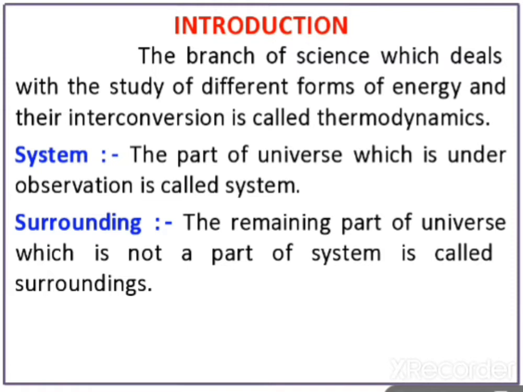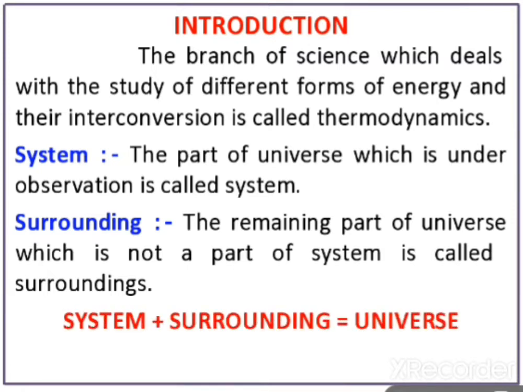In that relation we have to study system and surrounding. Very simply, if we add system plus surrounding, then it will form the universe. So we can say system equals universe minus surrounding, or surrounding equals universe minus system.